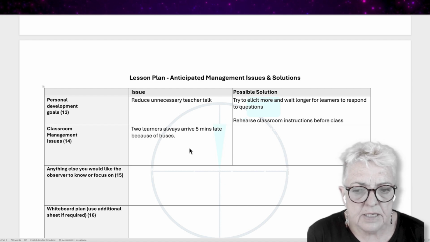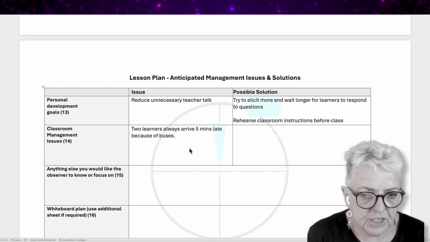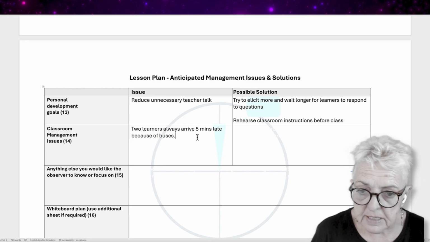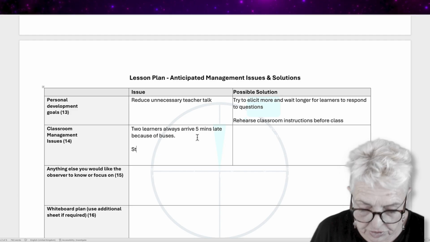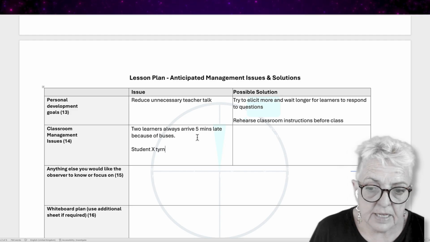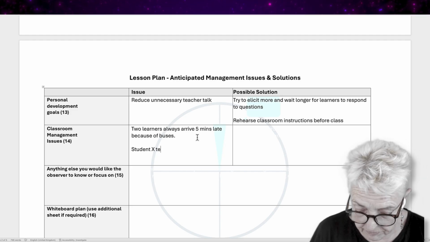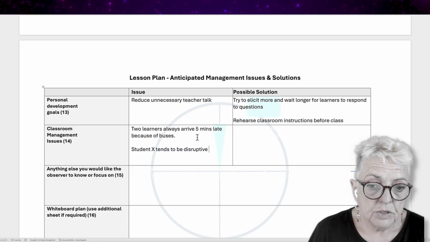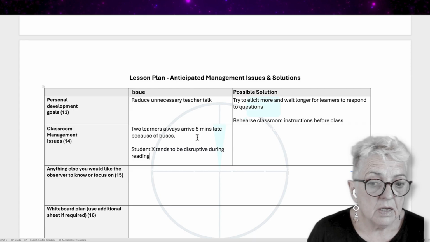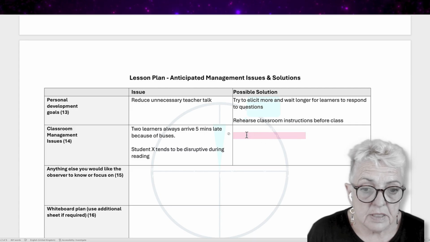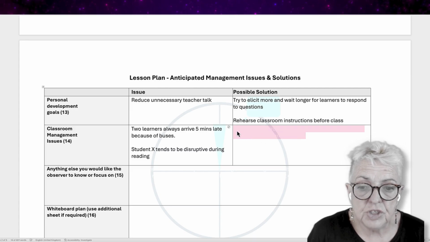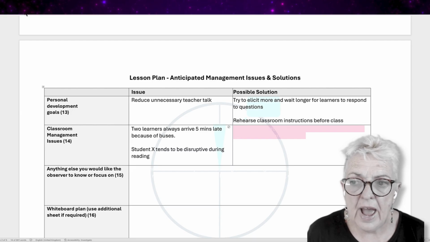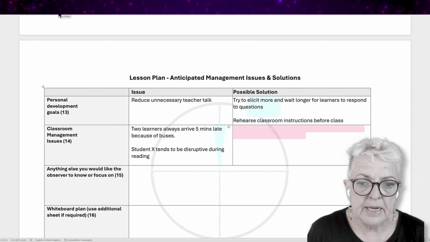The assessor needs to know, are there issues? So it could be 2 learners arrive 5 minutes late because of buses. It could be that student X tends to be disruptive during reading. So for example, this is your chance to show anyone watching the lesson that you are aware of any of the issues that may come up.